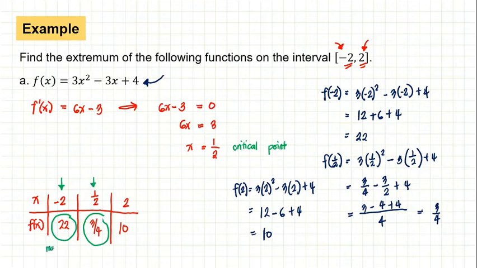So this is the maximum, this is the minimum. Okay, so that's it for letter A. We have the maximum 22 at x equal to -2 and the minimum value 3/4 at x equal to 1/2.